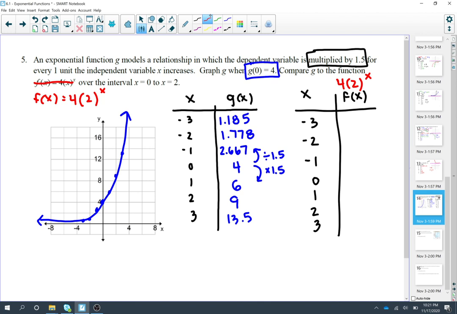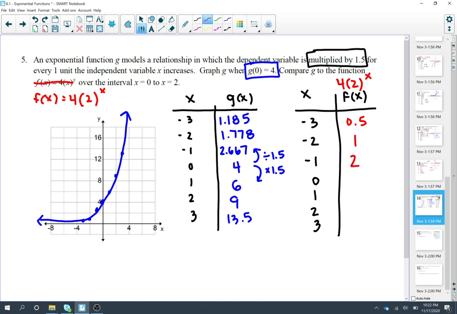So 4 times 2 to the power of -3 is 0.5. And then to the power of -2 is 1. And then to the power of -1 is 2.